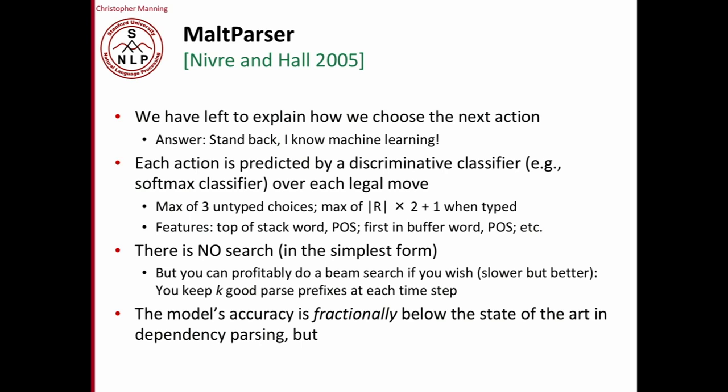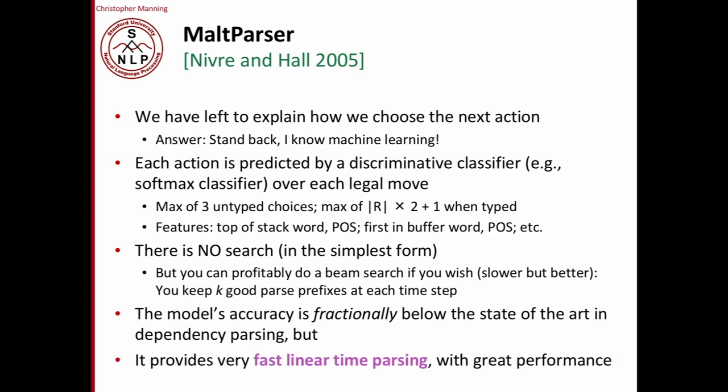But if you're doing this, just run classifier, predict action, run classifier, predict action, we then get this wonderful result, which you're meant to explain a bit on assignment 3, that what we've built is a linear time parser, right? Because as we chug through a sentence, we're only doing a linear amount of work for each word.